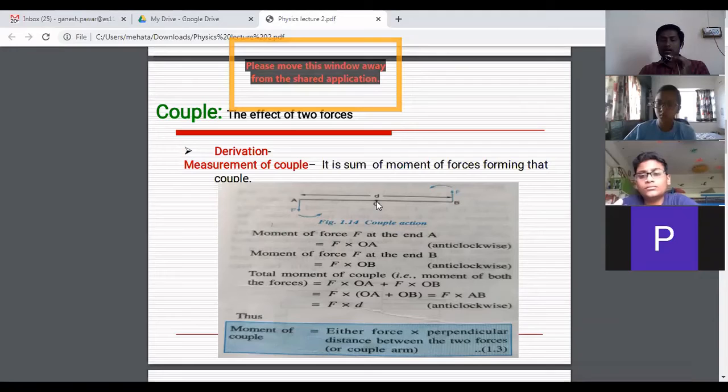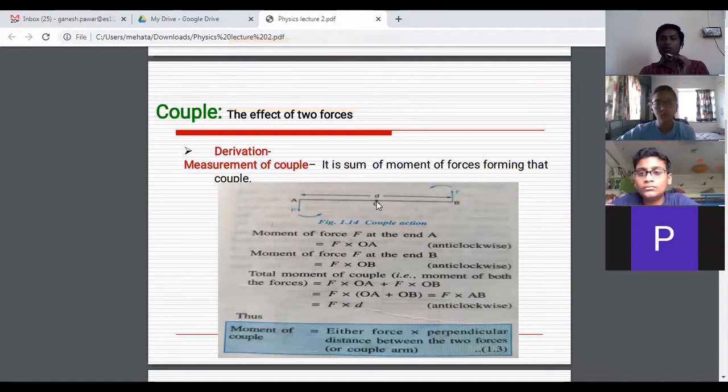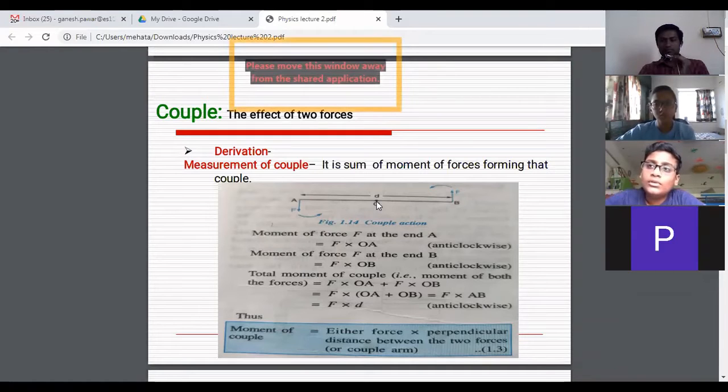Now we are going to calculate the value of the moment of couple. Now, Siddharth, can you tell me that if point O is my pivot, how many moment of forces are acting over here? Sir, 2. Yeah. Now there are two moment of forces because O is my reference, is my axis. So you can see that first, the moment of force F at the end A. So that moment will be equal to the what?